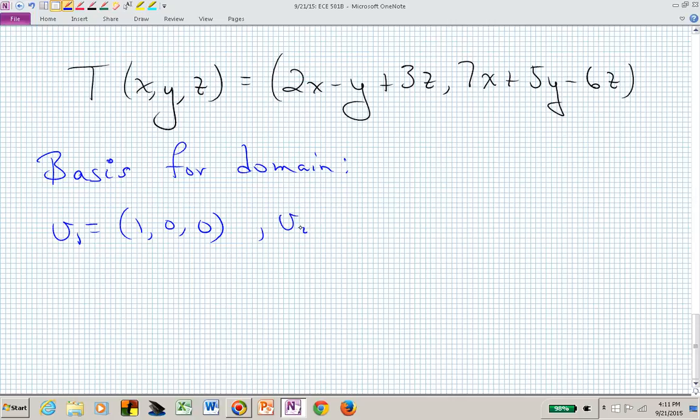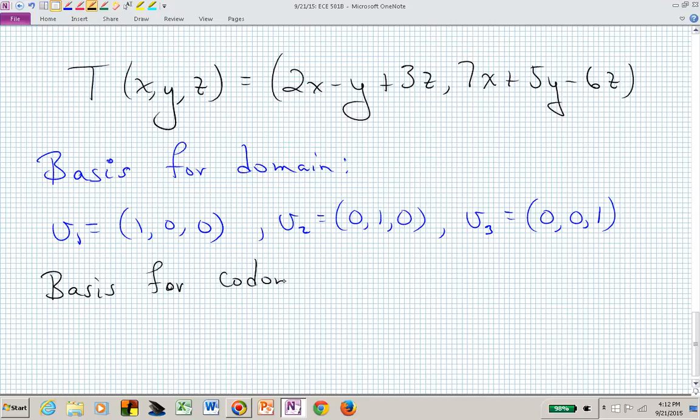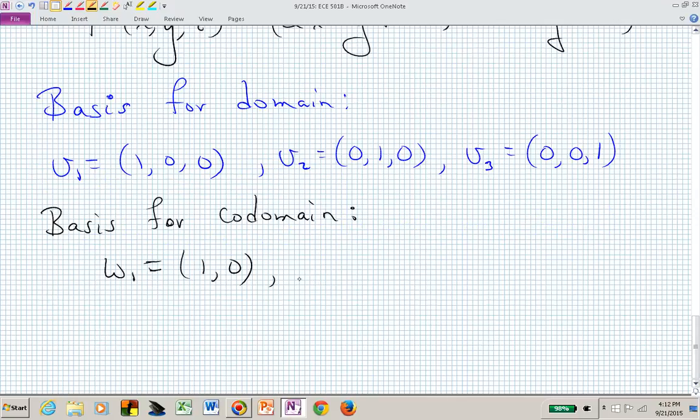V sub 2 is 0, 1, 0, and V sub 3 is 0, 0, 1. And suppose that the basis for the codomain, it's now two-dimensional. Let's say that W sub 1 is 1, 0, and W sub 2 is 0, 1.